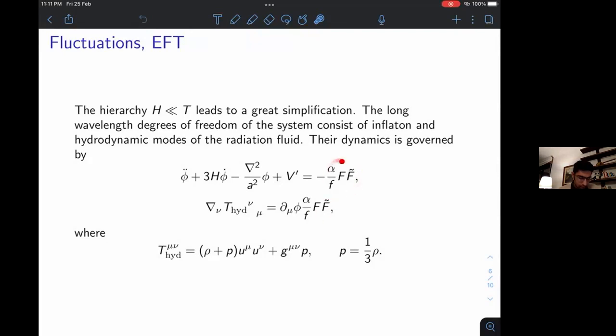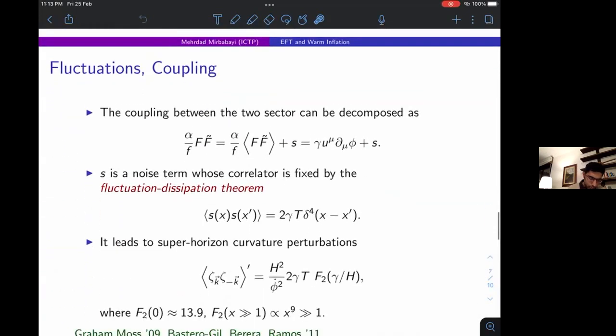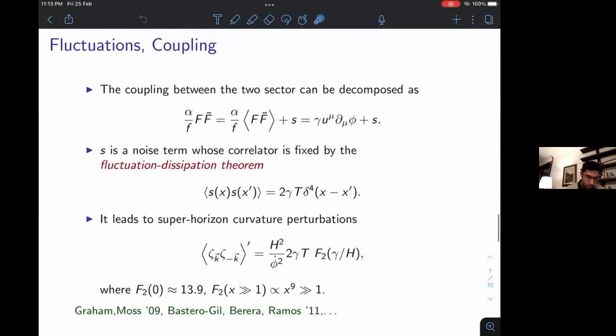So this term that is coupling the two sectors, in this effective description, it has to be studied again in this same spirit, meaning that we only care about its expectation value, which is the thing that gives us the friction term to begin with, but now I have written it in a covariant way.